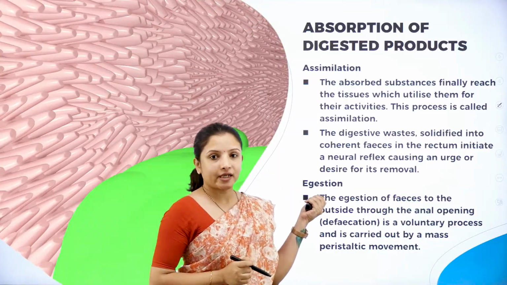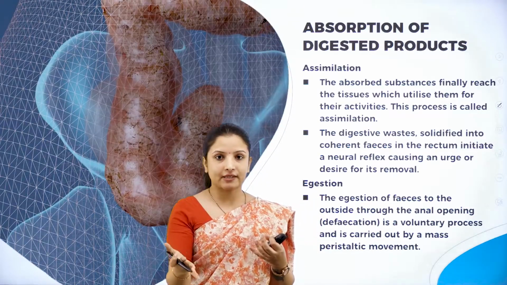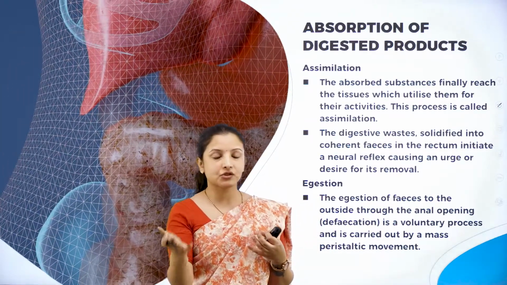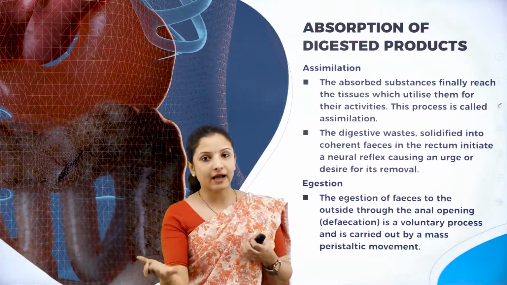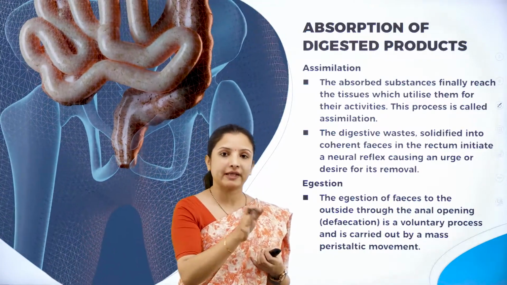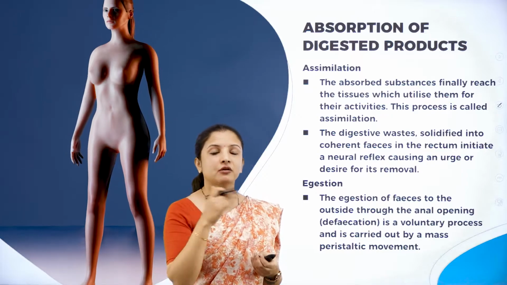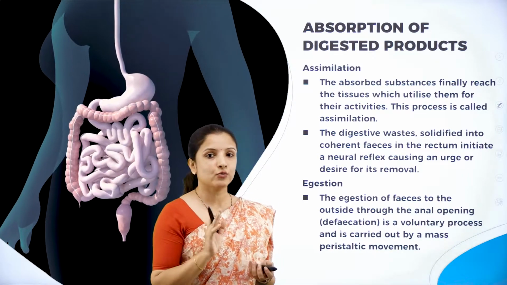So next let us study about assimilation. We understood that the monosaccharides such as glucose, the nutrients such as amino acids, the fats and glycerol, and various electrolytes entered into the bloodstream, right? Now from the bloodstream, how their assimilation or transport to different organs occurs, we shall see.